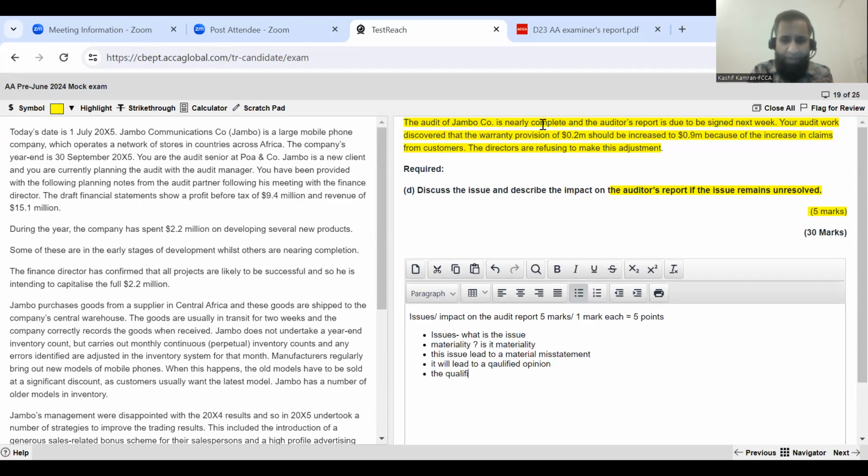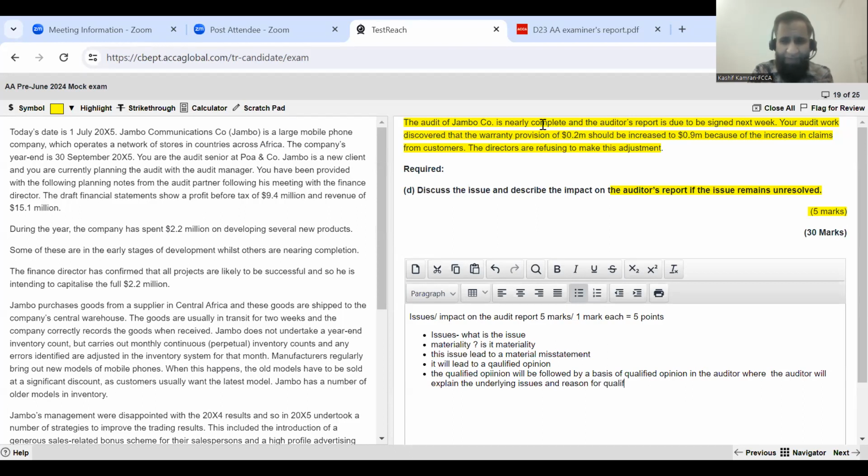The qualified opinion will be followed by a basis for qualified opinion in the audit report, where the auditor will explain why the qualified opinion has been issued, or the auditor explains the underlying issue and reason for the qualified opinion.